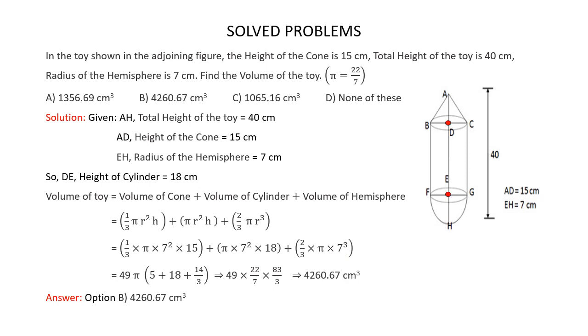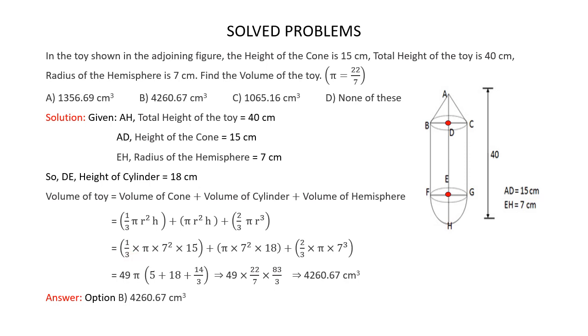Now here 49 pi is common in all these three terms. So now we have volume of the toy is equal to 49 pi multiplied by, now here you have taken 49 pi as common. So you're left with 1 by 3 multiplied by 15, which is 5.